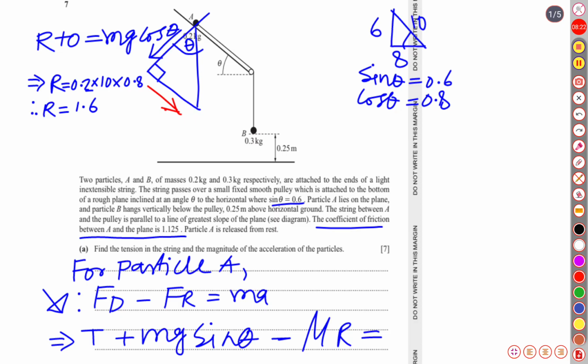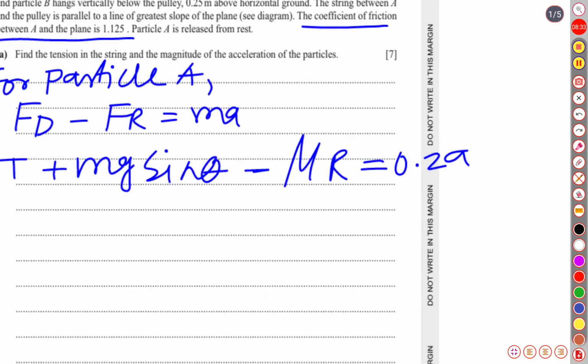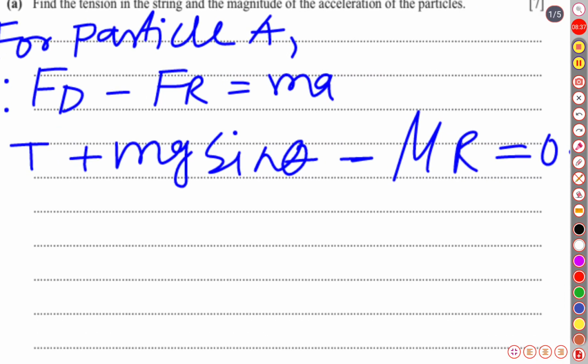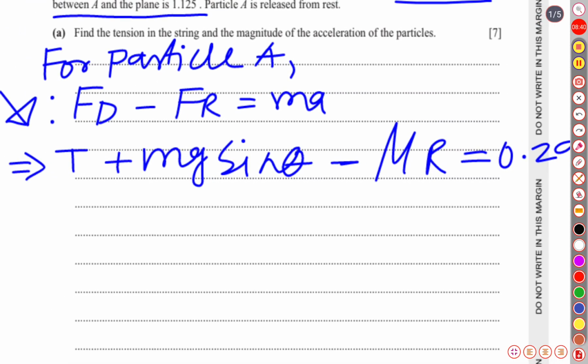The mass of particle A is 0.2 and acceleration. Well, if we simplify this, we will keep on writing them one after the other. Tension is to be obtained, so let it remain unchanged. And the mass of particle A is 0.2 and acceleration due to gravity is 10.